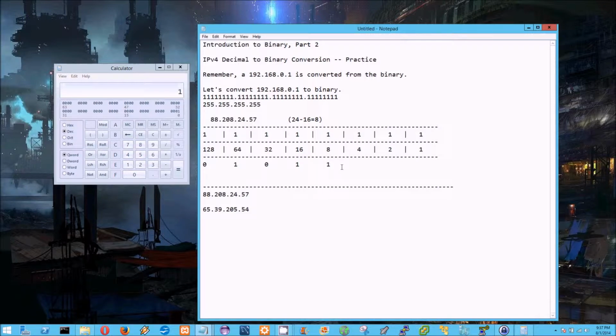Set the bit. And then 8 minus 8 is 0, so every other bit is a 0. So this should be 88. Now let's go into decimal and check it out. 10110000.